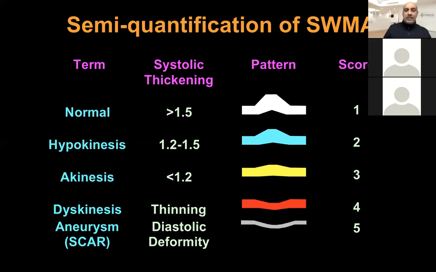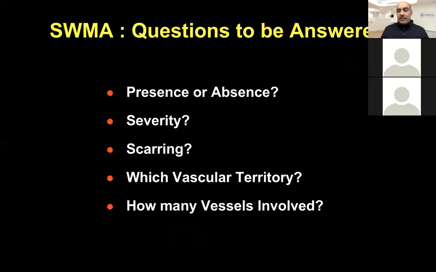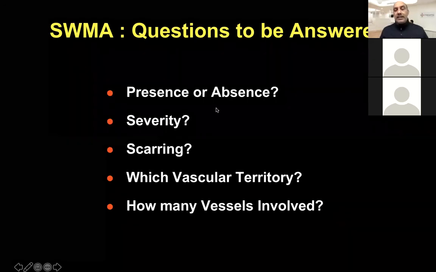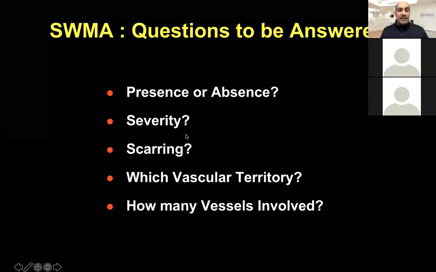So let me show you a few things after this particular slide. Once we have a wall motion abnormality, a good echocardiographer should not only be able to diagnose the presence or absence of wall motion abnormality, it should be a severity. That means whether it is hypokinesia, akinesia, or dyskinesia.